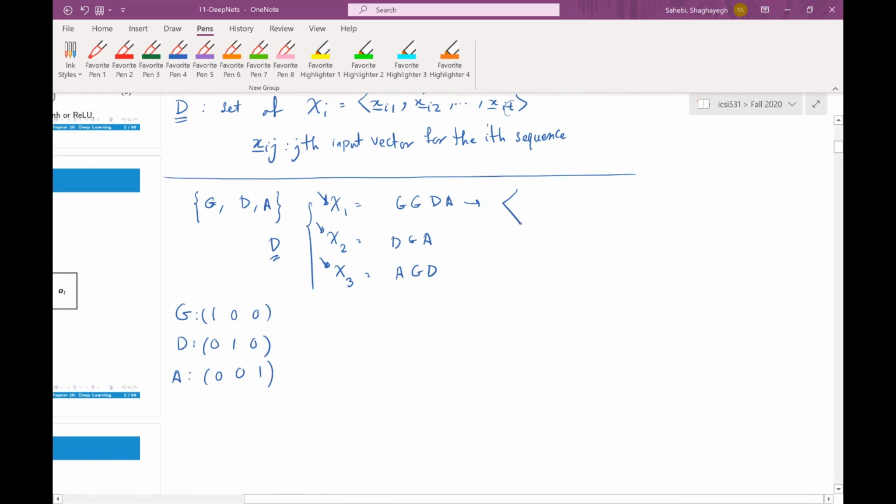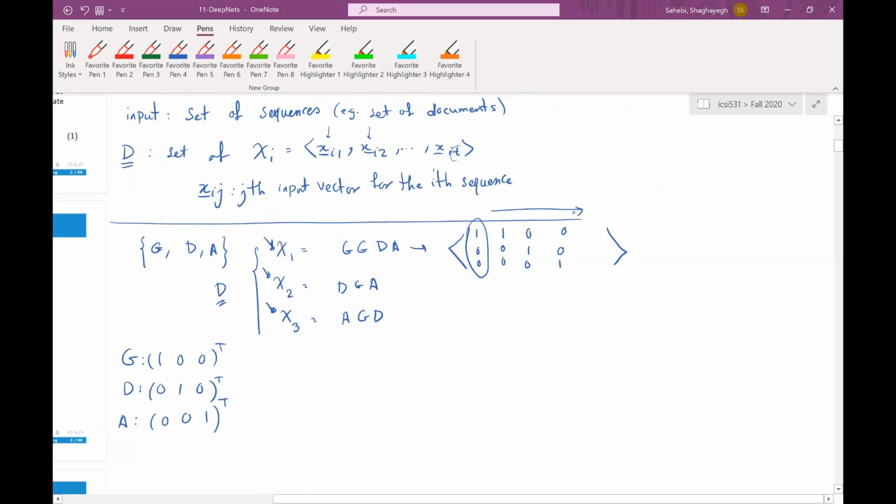I have G in the first one, so it's 1, 0, 0. G in the second one, 1, 0, 0. D, it's 0, 1, 0. A, 0, 0, 1, right? So I have a sequence of length 4. So this is the length of my sequence. And each element in the sequence is a 3-dimensional vector, like a d-dimensional vector.